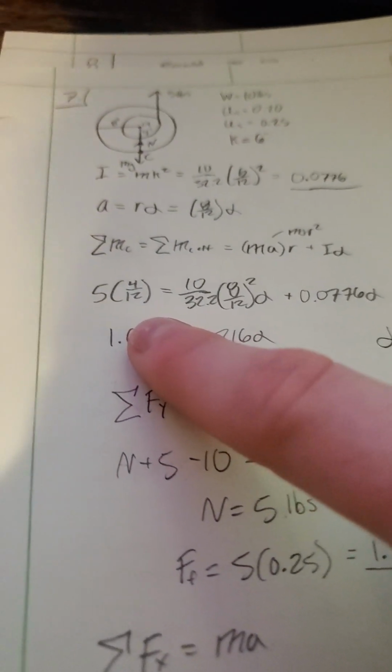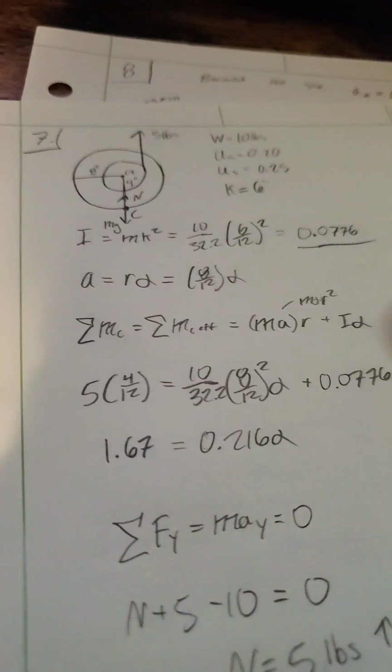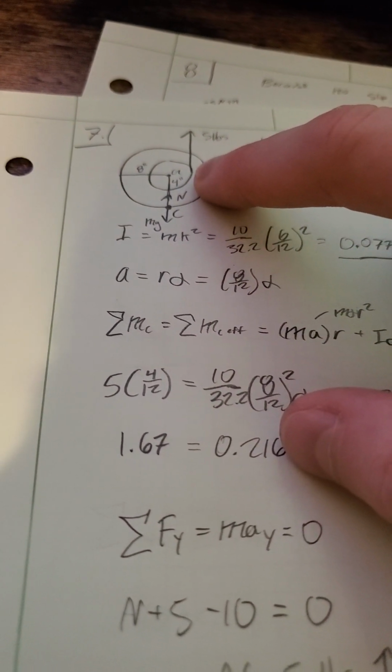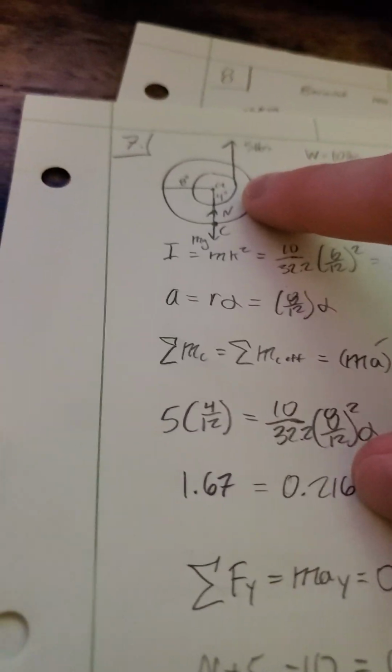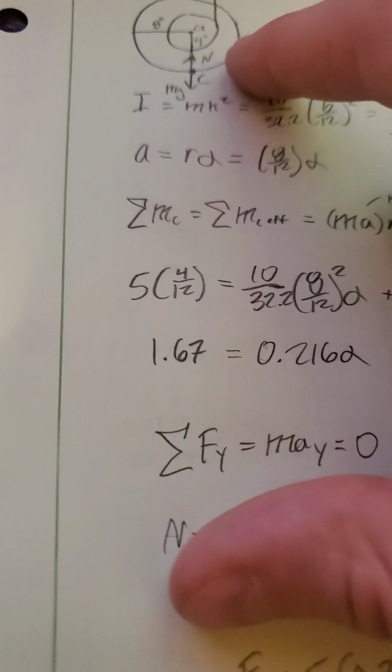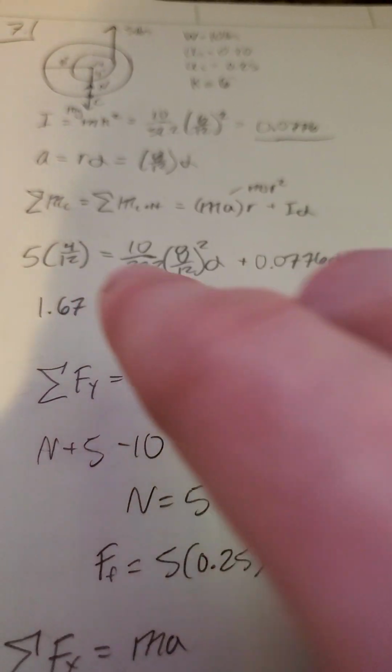So we know the weight goes through C, so there's going to be no moment. The only moment about C is going to be this 5-pound force pulling up, and the distance between it, which is 4 inches, again converted to feet.